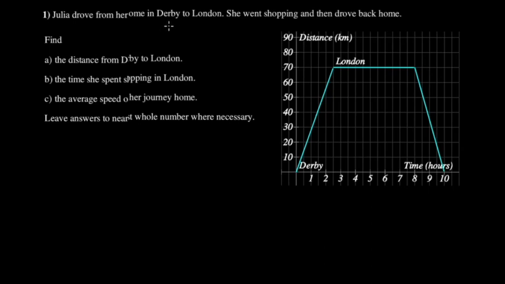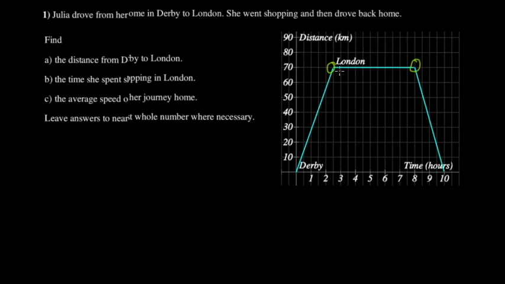She drove to London, so it must have been this leg here, from this part to this part, where the distance was changing over time. Then she went shopping, so the time she'd be shopping would be this one.